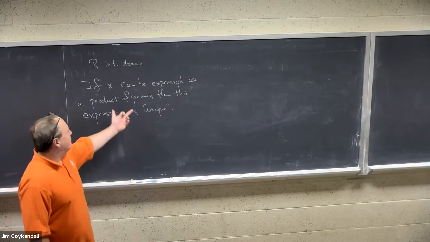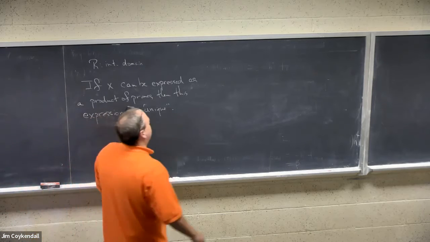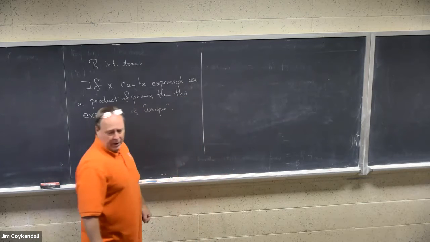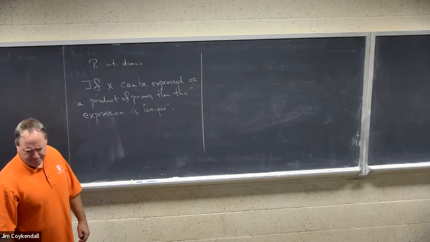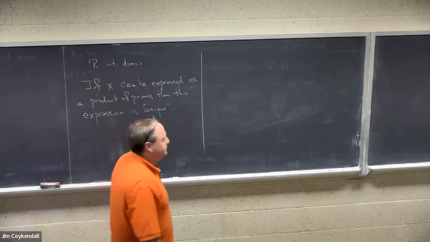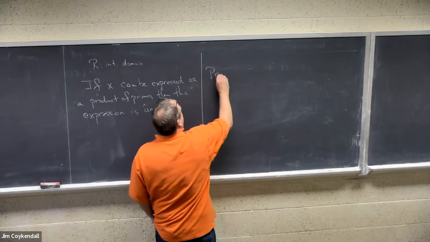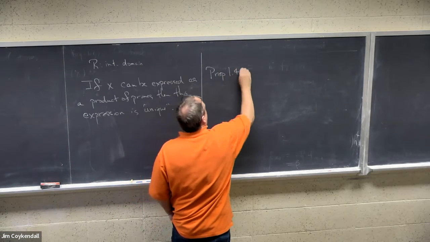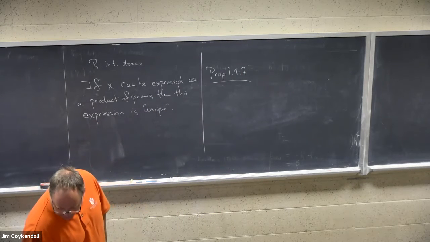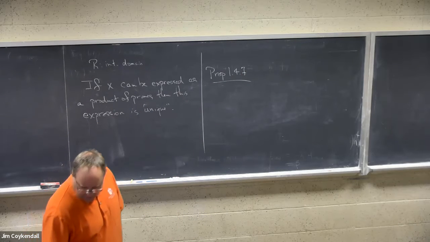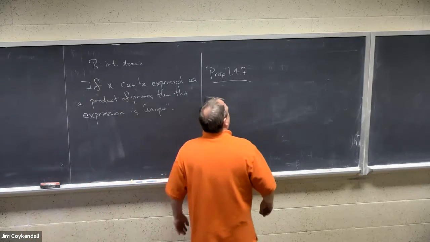So actually, this is going to allow us to shortcut our notion of what a UFD is. But first, I want to introduce this. Let R be an integral domain, and S the set of elements that are expressible as a product of primes.